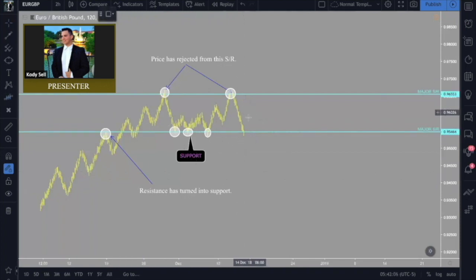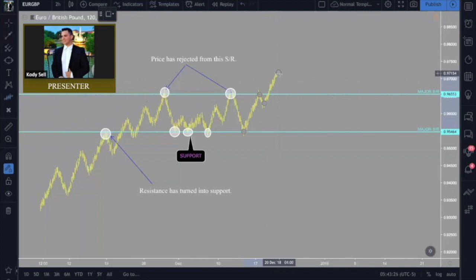Now let's say that at this point, price does indeed find support here. We come back up to our resistance, fall just a little bit, but then break through the level. Now, if we're trying to identify key characteristics about support and resistance, what would we expect at this point?